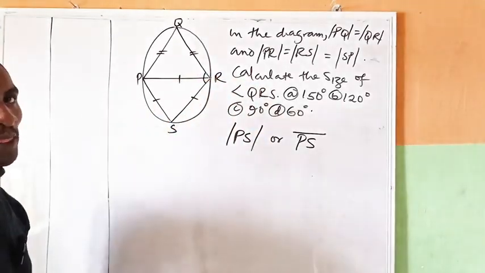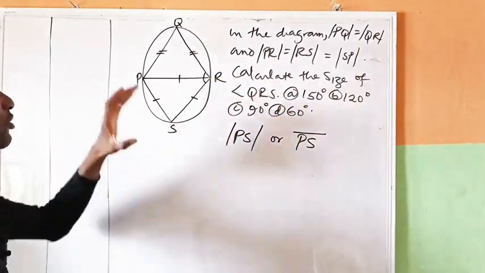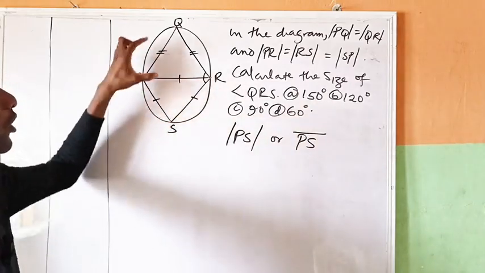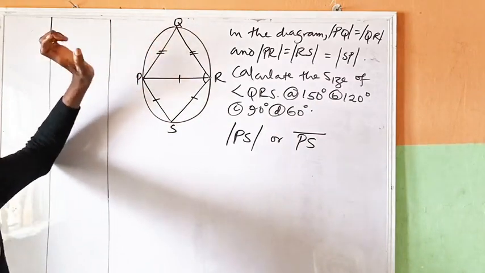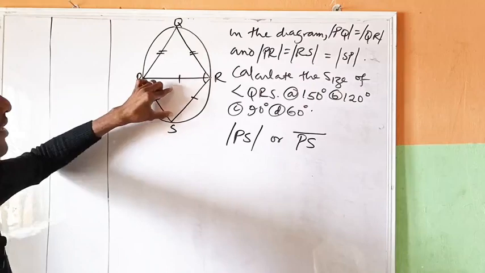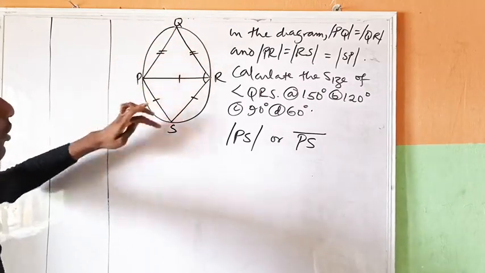But before we continue to apply theorems, looking at this circle and the shape that you have in it, what comes to mind? We can see there is a quadrilateral here. There are 4 angles, right?